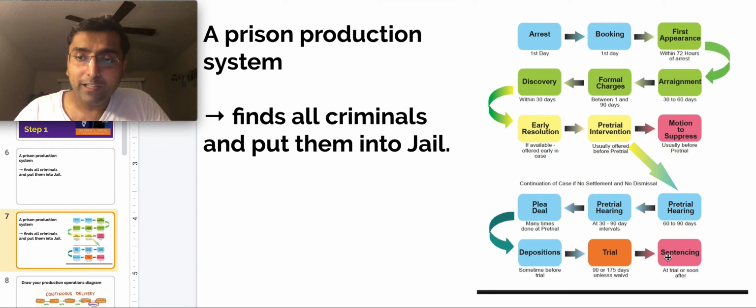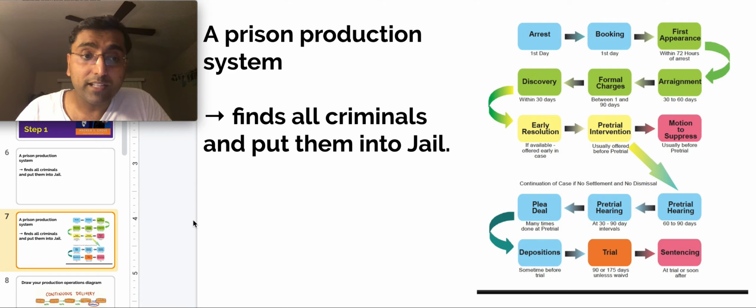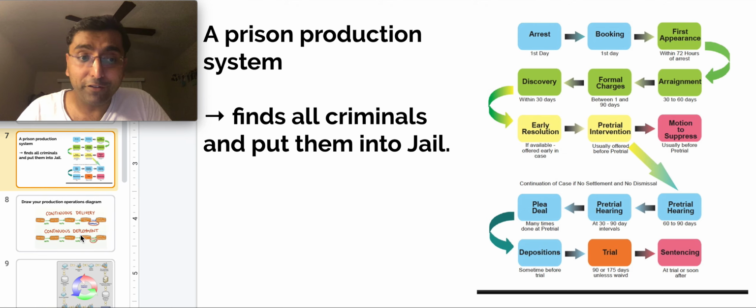But it takes $1 million to get them convicted. So if this system is not optimized for the right function, then you would have all kinds of issues. Knowing your production system and putting those big blocks onto paper is the very first step to know what you're going to go after.